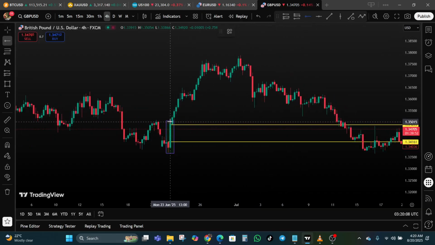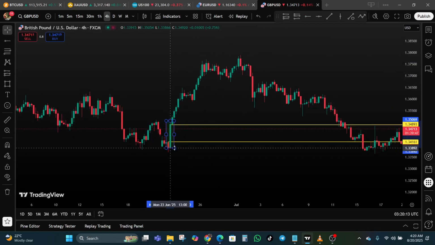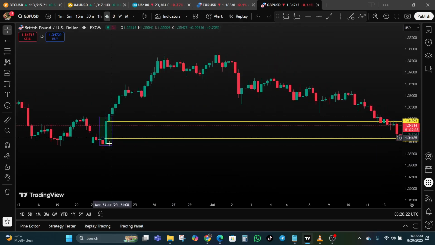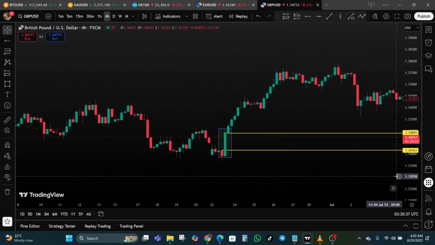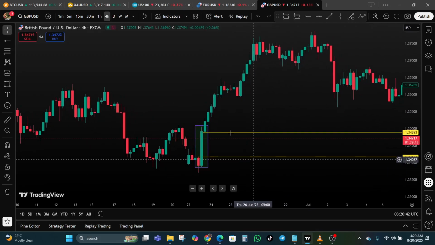So we are using a rectangle to mark this, right? So you should mark the range, the top and the bottom of the candle. Once you have marked the start and the end, you identify your liquidity void.